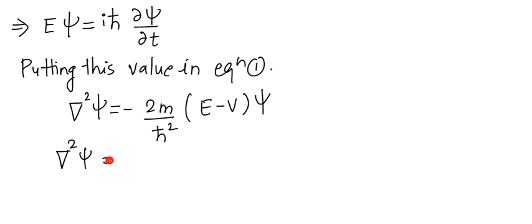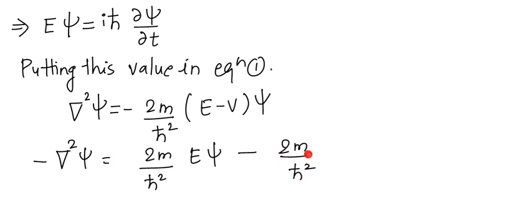Okay, and now Nabla square psi is equal to minus 2m by h cut square E psi, and this minus minus becomes plus. You can just take this minus to the left hand side here: 2m by h cut square E psi minus 2m by h cut square V psi.